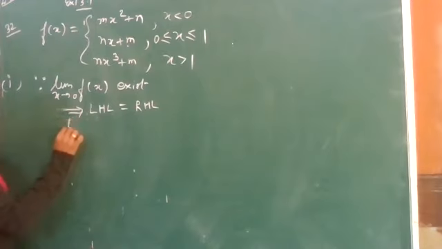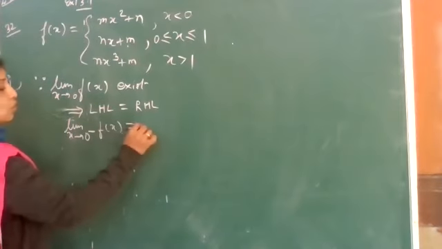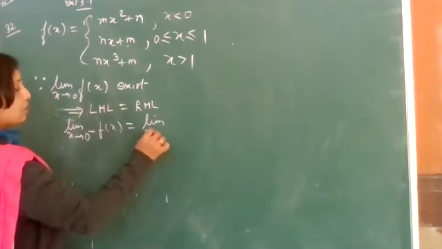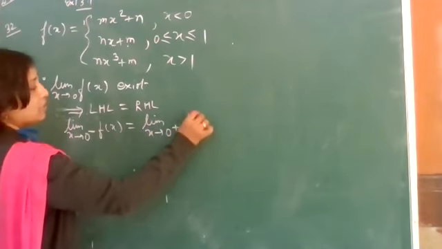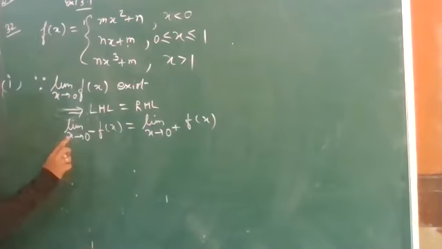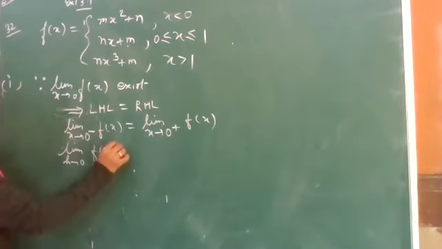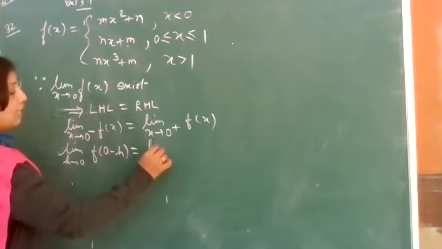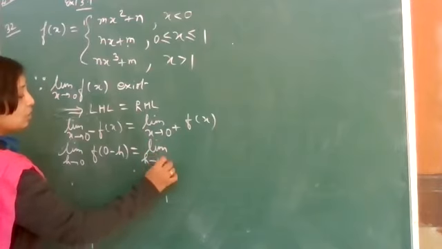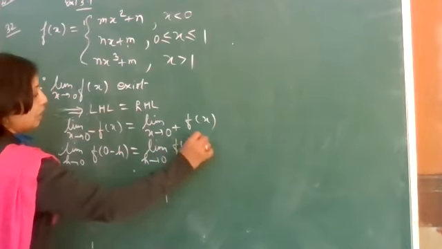Left hand limit means limit x tends to 0 minus, first of all we are checking for 0, f(x) equal to limit x tends to 0 plus f(x). And next step is we change the variable. Limit h tends to 0, f(0 minus h), and limit h tends to 0, f(0 plus h).